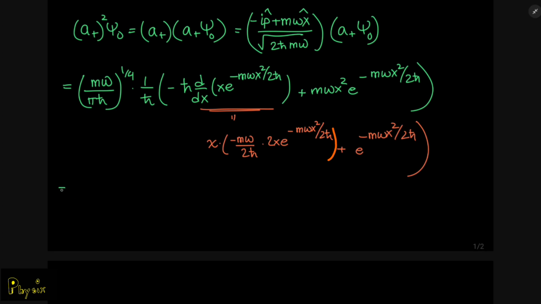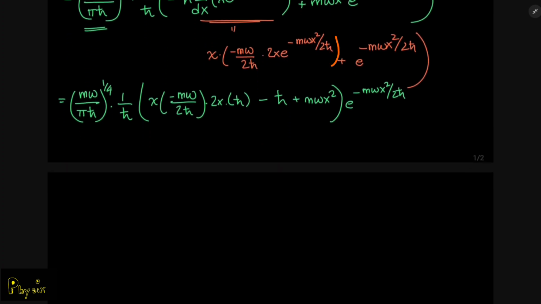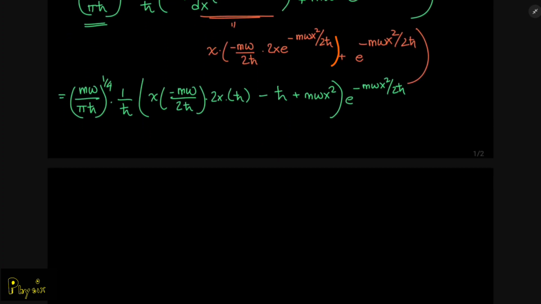Okay, so plug it back into this equation over here, and you have that this is basically (m omega all over pi h bar) raised to the 1/4 times 1 over h bar times x times negative m omega over 2h bar times 2x times negative h bar, plus m omega x squared, times e to the negative m omega x squared all over 2h bar. Okay, you can further simplify this entire thing.